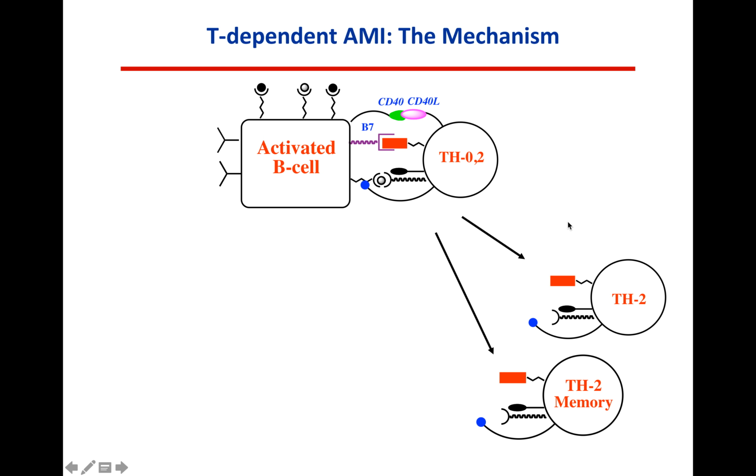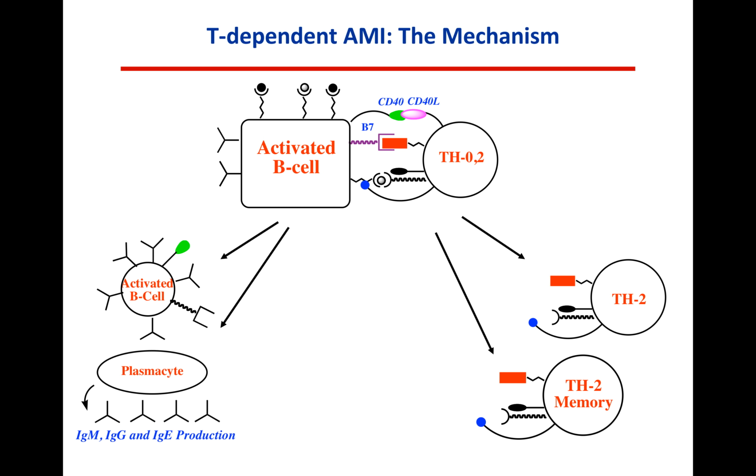This interaction leads to proliferation and differentiation into Th2 memory cells as well as additional Th2 cells, more activated B cells, more plasmacytes, and more memory cells.